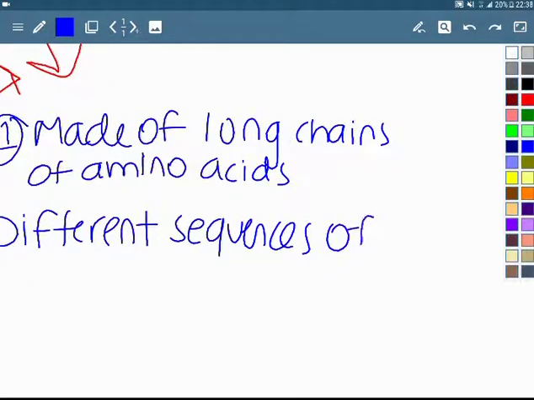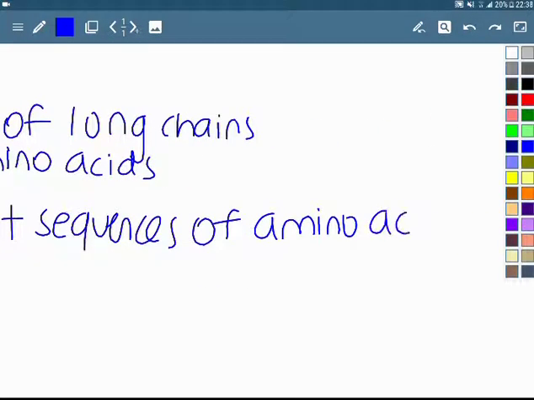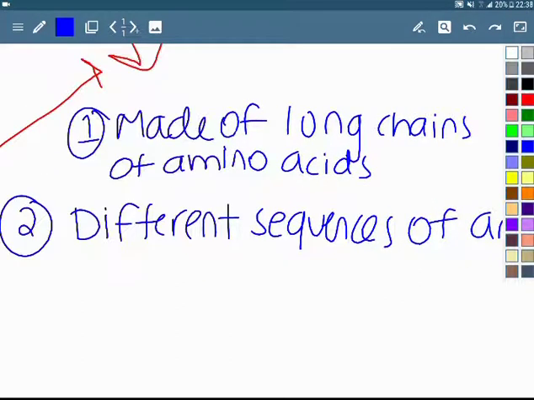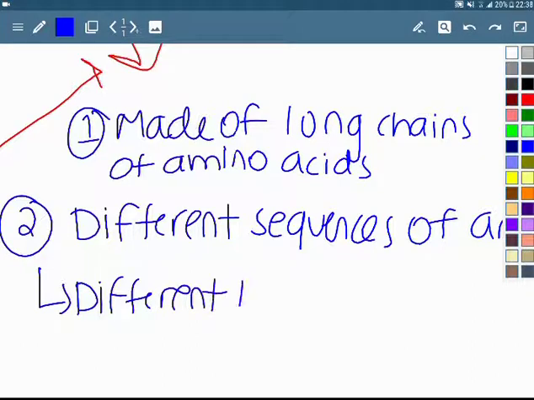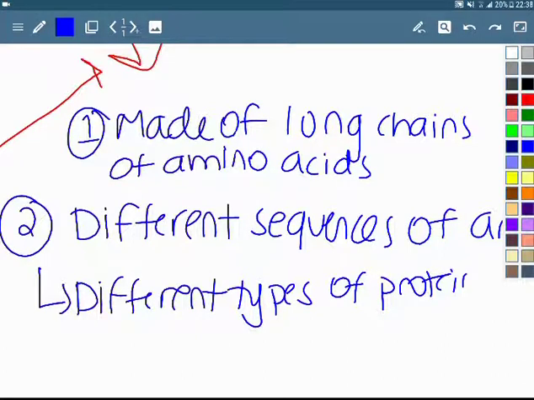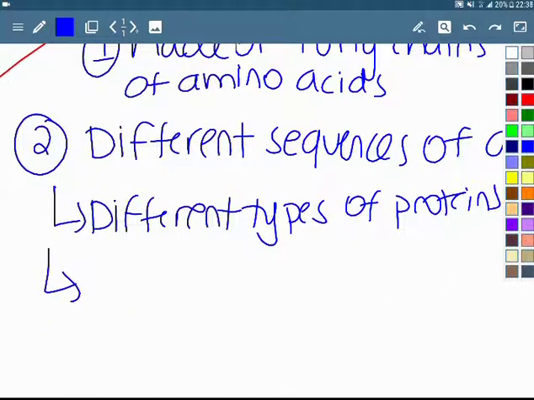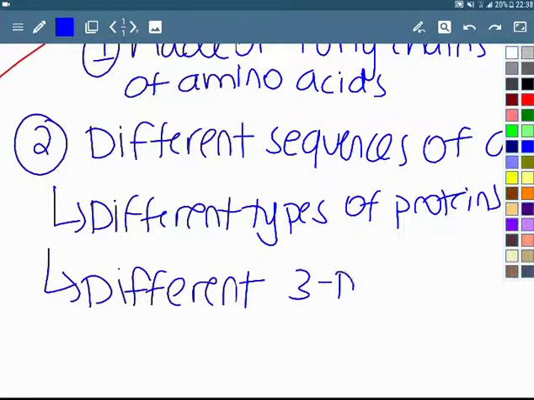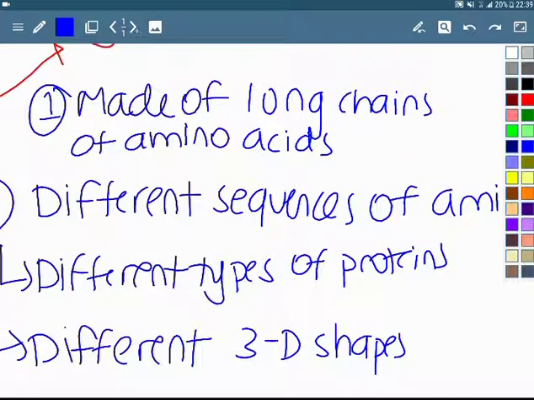Different sequences of amino acids gives different types of proteins with different (3D) shapes.